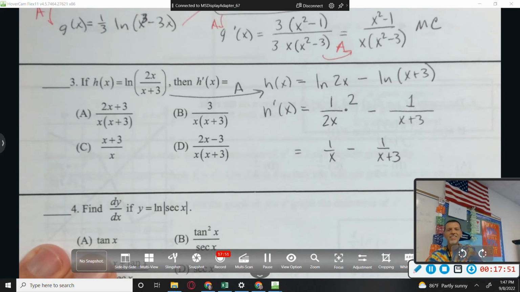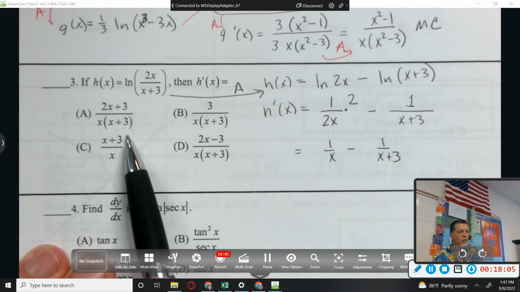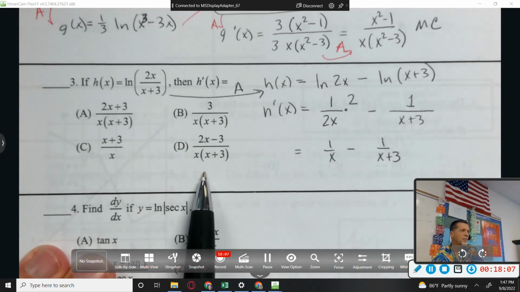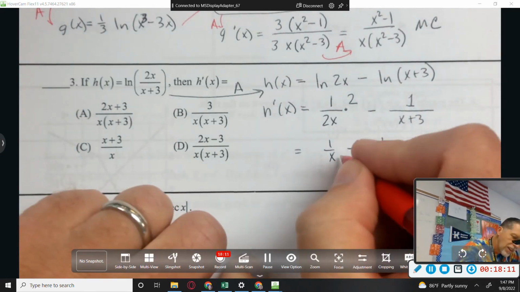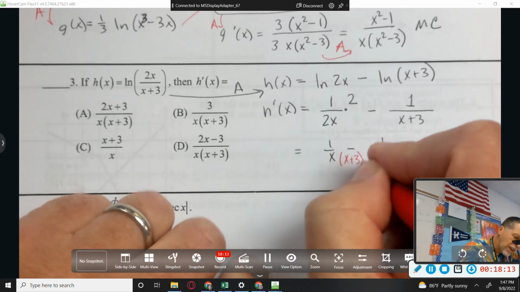I like that answer, but it's a multiple choice question. What do I have to do to make my answer look like one of those answers? You have to get a common denominator. And even if you forgot that, look at your answer choices, and 3 of the 4 have the same common denominator. So pretty sure that C is not it.